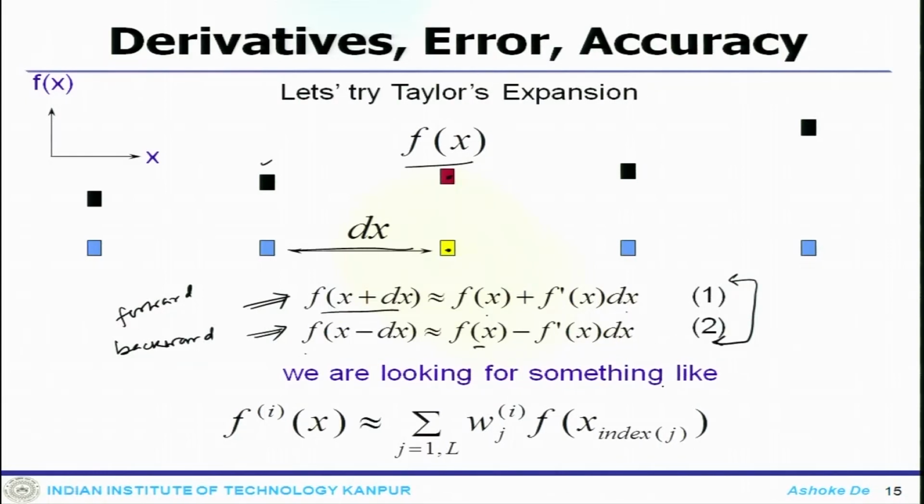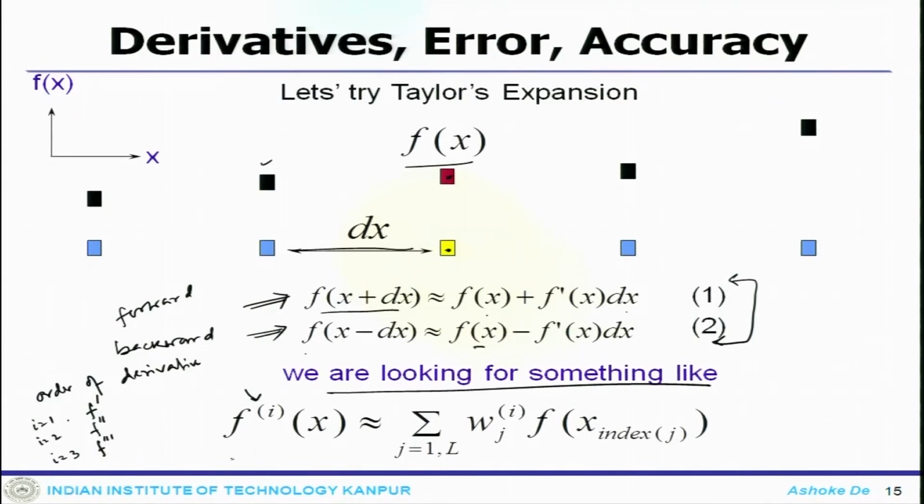Now, what are we looking for? We are looking for something where this I stands for the order of derivative. That means, if I is 1, I am trying for f prime. If I is 2, I am trying for f double prime. If I is 3, I am trying for f triple prime.